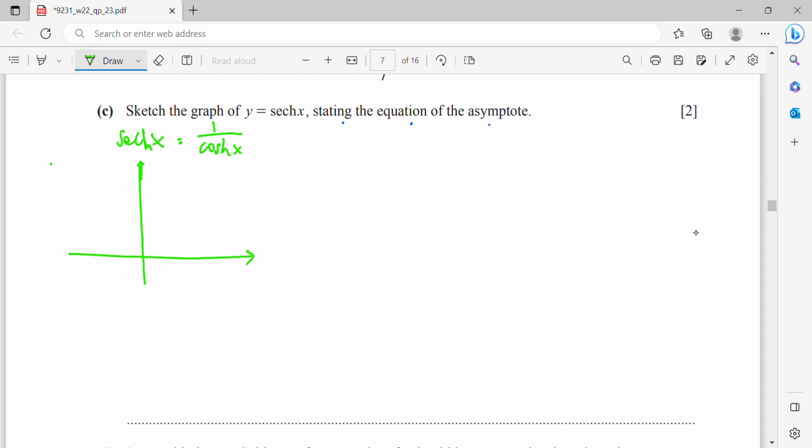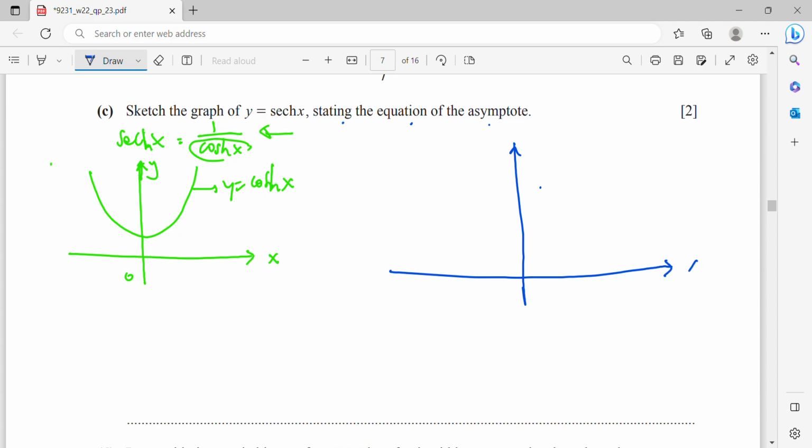We know that cos is in the same shape of quadratic. So this is our y equals cos x. This is x, here is 0, here is y. And now you are sketching hyperbolic secant x. Remember, the green color is a reference, but the final answer is the blue color.